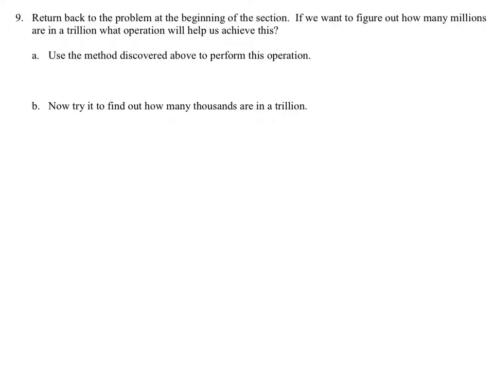Returning to the problem at the beginning of the section, if we want to figure out how many millions are in a trillion, which we did already, what operation will help us achieve this? We already saw that that would be division. Use the method discovered above to perform this operation. We would have 1 trillion, which is 1 times 10 to the 12th, and we'd be dividing that by 1 million, which is 1 times 10 to the 6th.